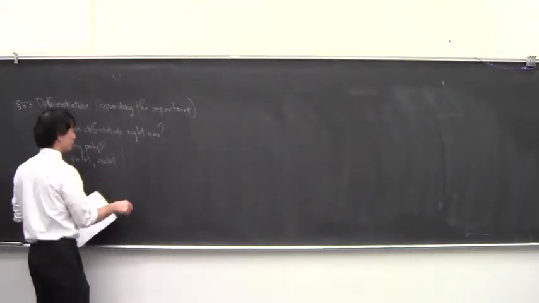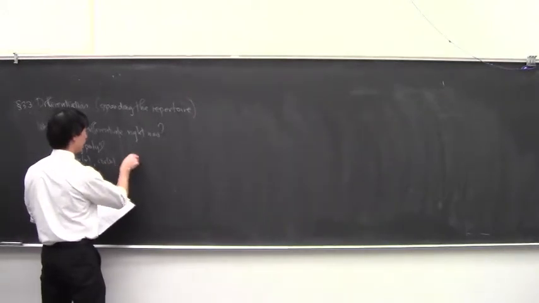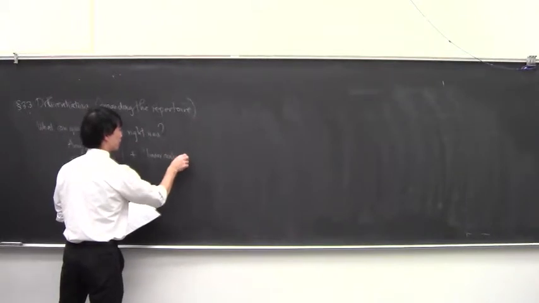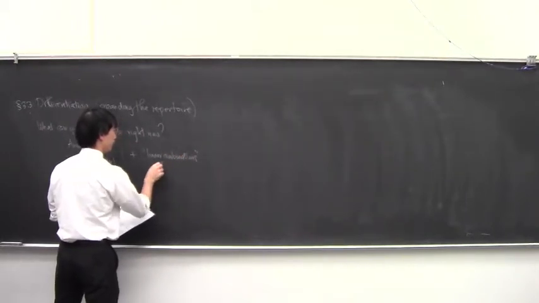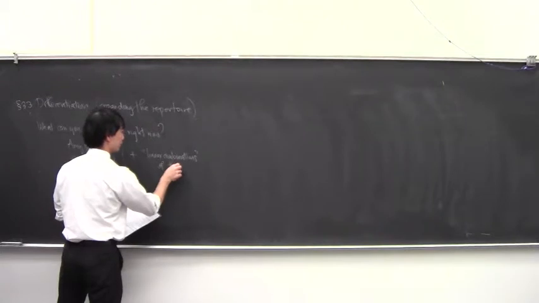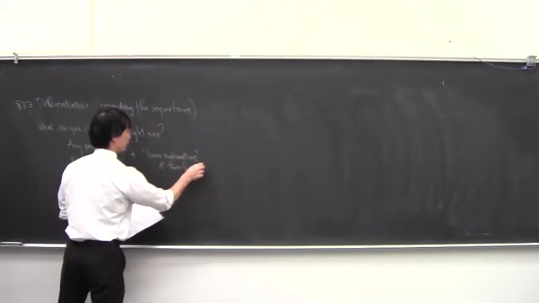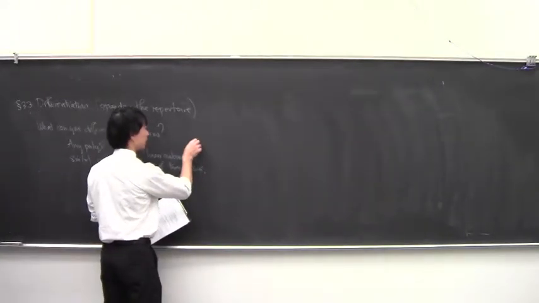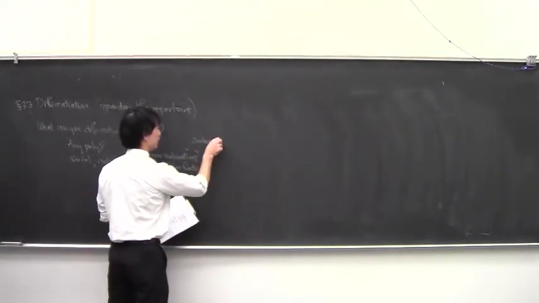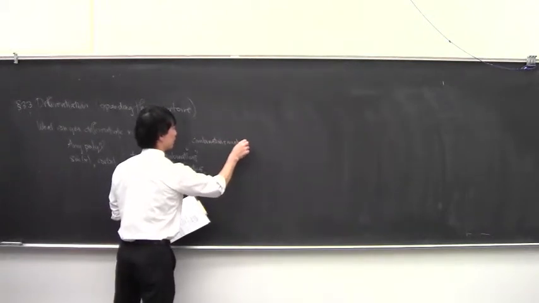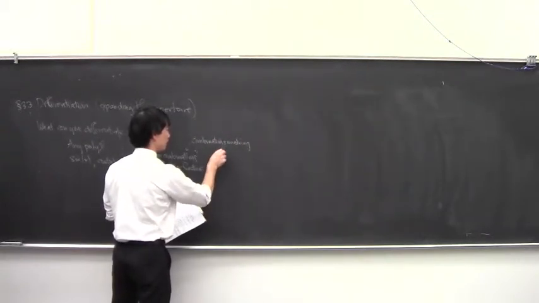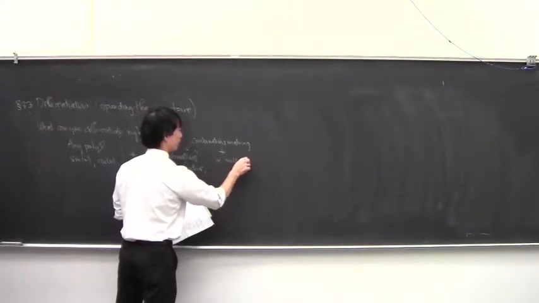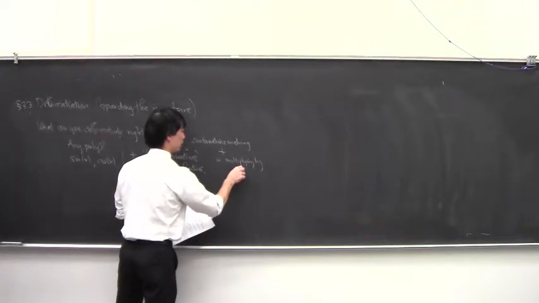So we can do things like this, and what are called linear combinations of these functions. When we say linear combinations, we mean combinations involving addition or multiplying by a number, by a scalar.